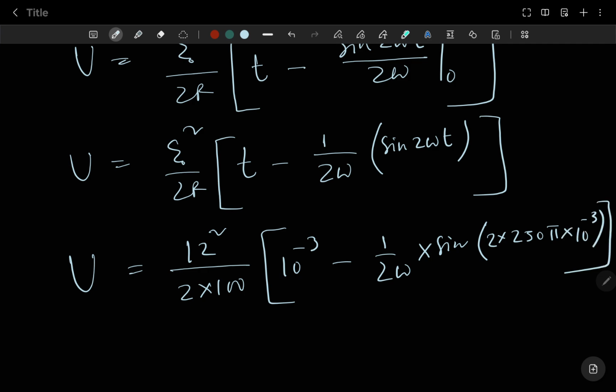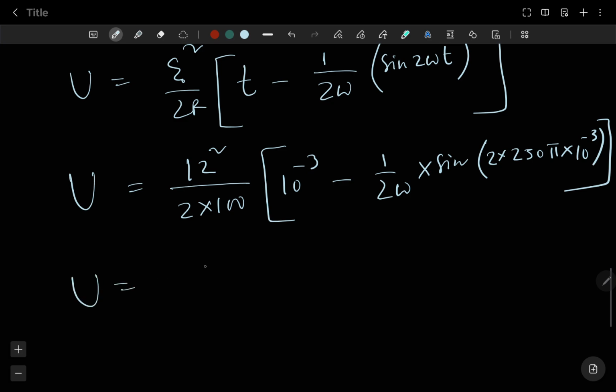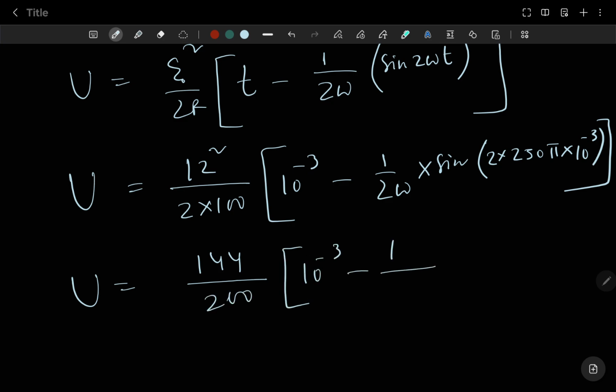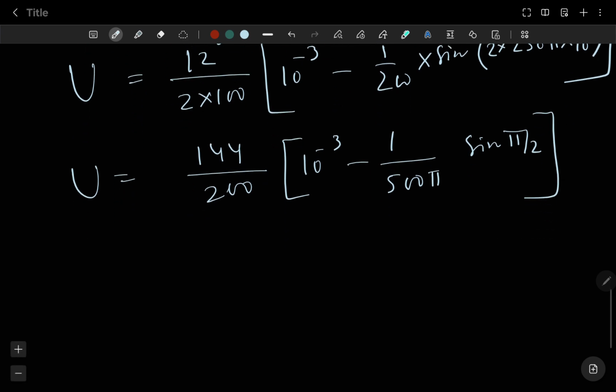So you see what happens here: 144 by 200, minus 1 by 2 into 250 pi is 500 pi, and 500 by 1000 is 1 by 2, so sine pi by 2, so it is 1, right?